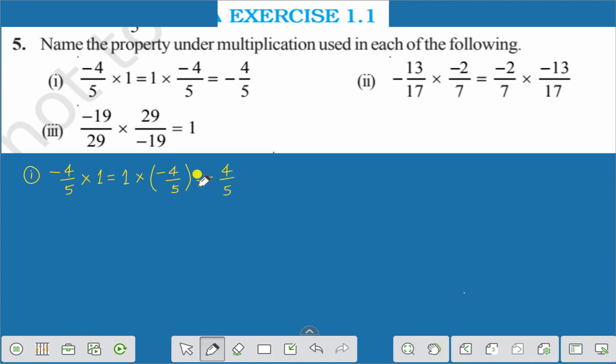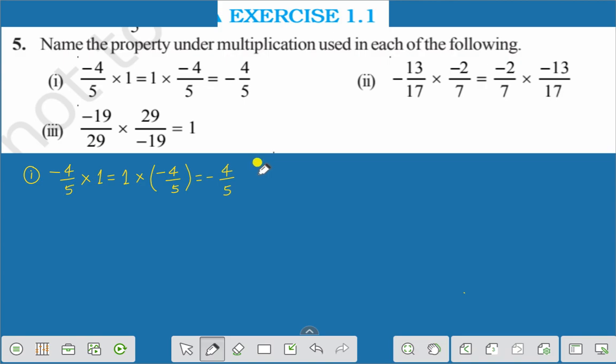Right? Here you see that if you multiply minus 4 by 5 with 1, or 1 into minus 4 by 5, you will get the value minus 4 by 5. Therefore, you can say that here 1 is the multiplicative identity. This property is used in this question.